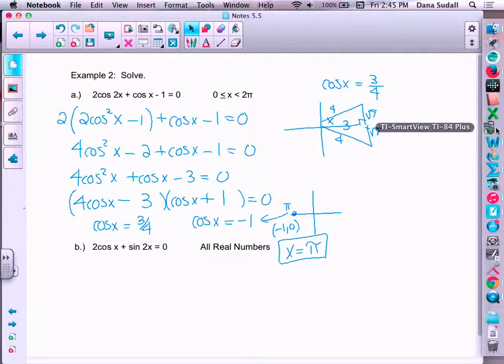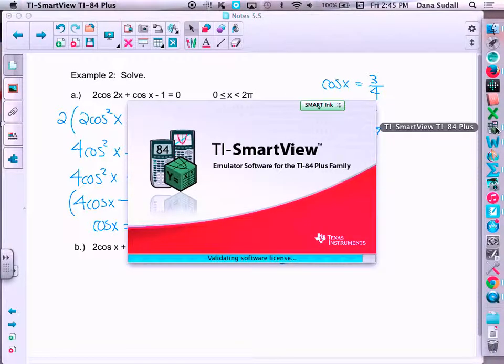So if I type cosine x into my calculator, I'll have to use inverse cosine and 3/4 and see what I come up with here.